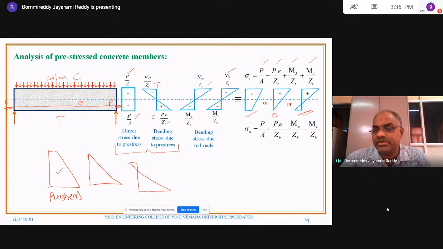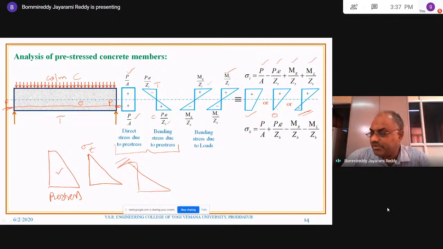Here, before the application of the loading, the important thing is to see what is the sigma t at the top, whether the stress is zero, having some positive value, compressive value, or negative value, because there is a possibility of developing a negative value here. So that's why sigma top because of the pre-stress is important.